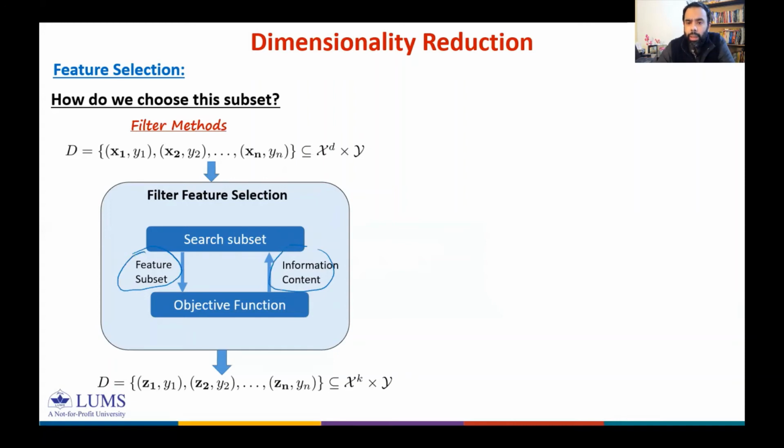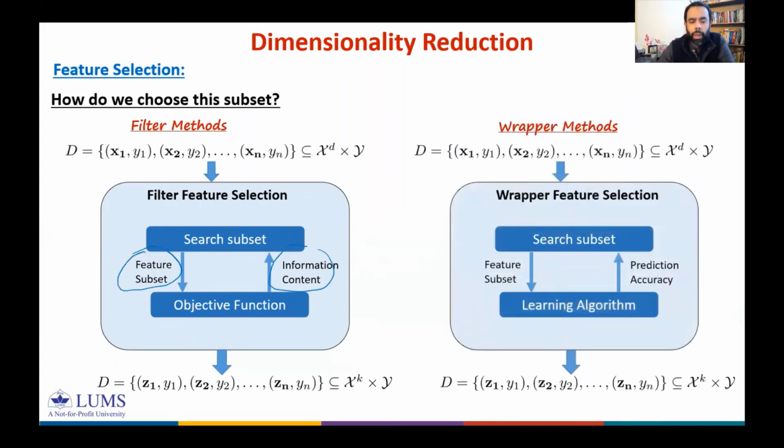Okay, the next type are wrapper methods, right? I have replaced the objective function with the learning algorithm. So now I will be evaluating this subset. I will be using this subset and evaluating the performance of my classifier, right? And again, to evaluate the performance of the classifier, I will be splitting data into training data and test data.